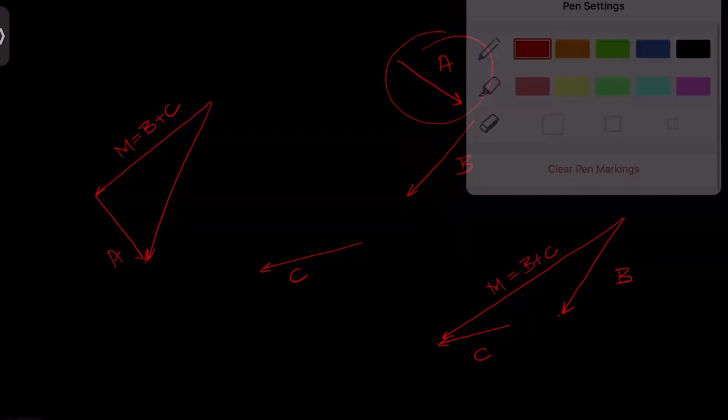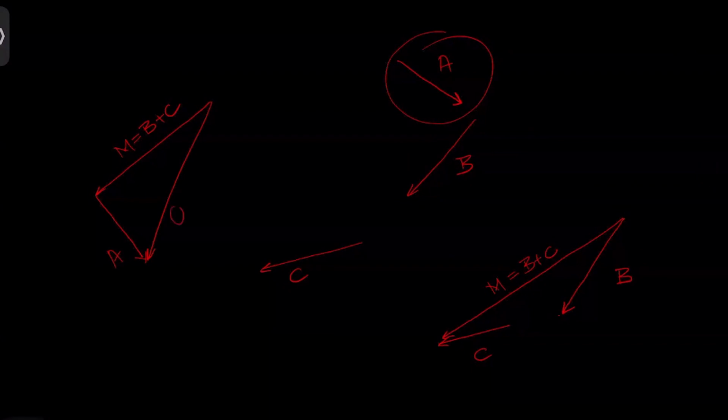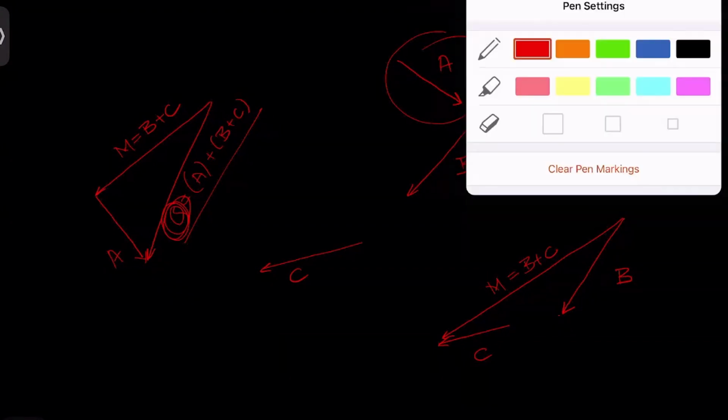So M and P, let's say Q. So this Q is A plus B plus C. If you view it correctly, this Q is equal to the resultant value of (A plus B) plus C obtained previously. So that is how you can understand this concept using the normal graphical method of addition of vectors.